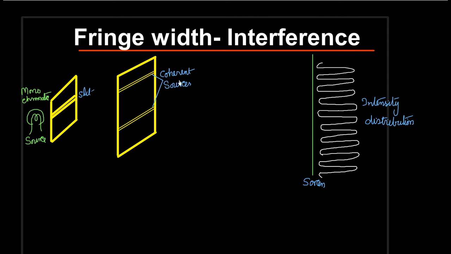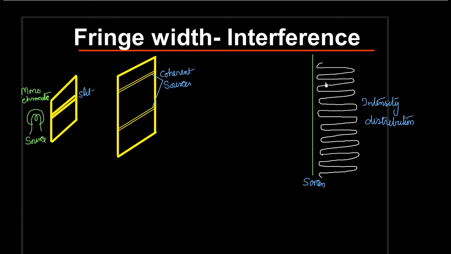The light waves coming out of the coherent sources, which are the two slits, interfere either constructively or destructively and form the interference fringes on the screen, which is kept away from the coherent sources.